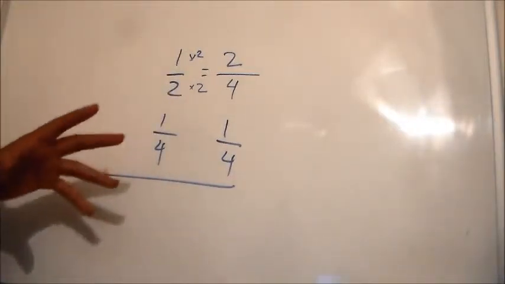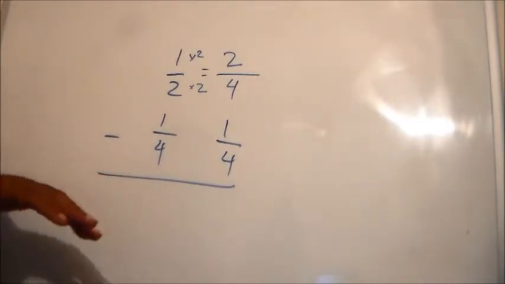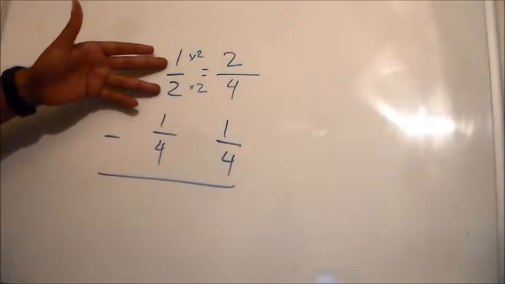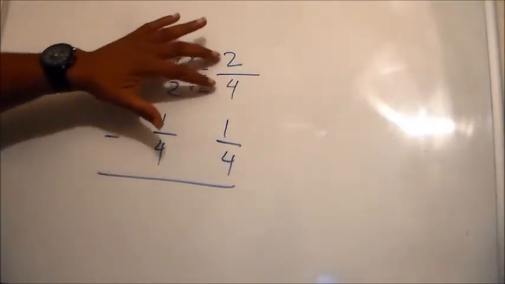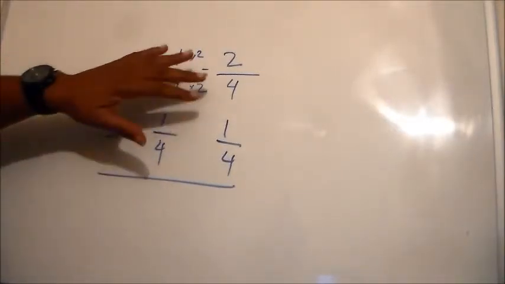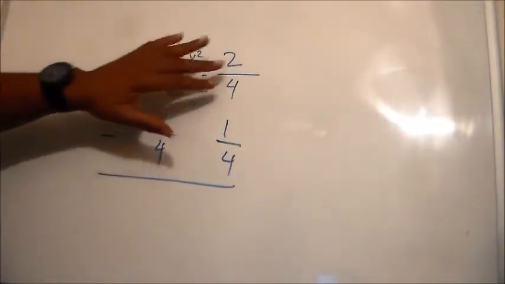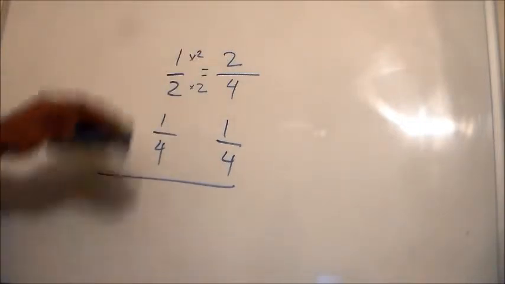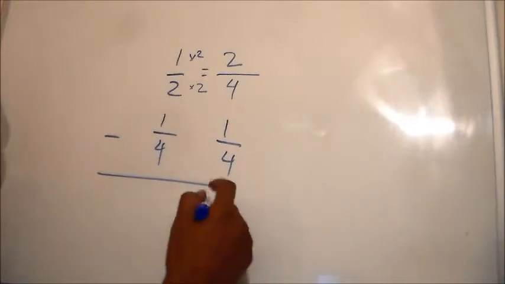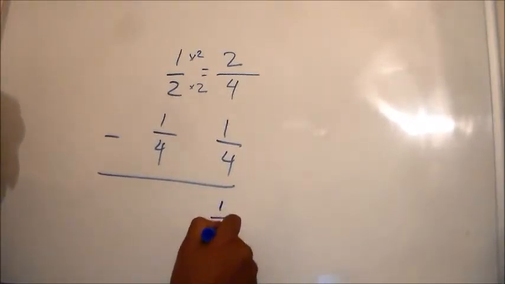It's like converting money, like dollars into euros. So we're converting halves into fourths, and this is actually equal to 1/2. 1/2 is just a reduced version of 2/4, and then after that, 2/4 minus 1/4 is 1/4. And that would be our final answer.